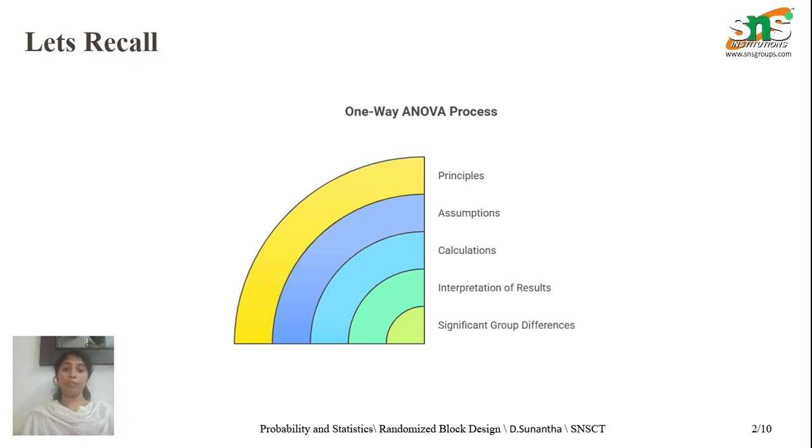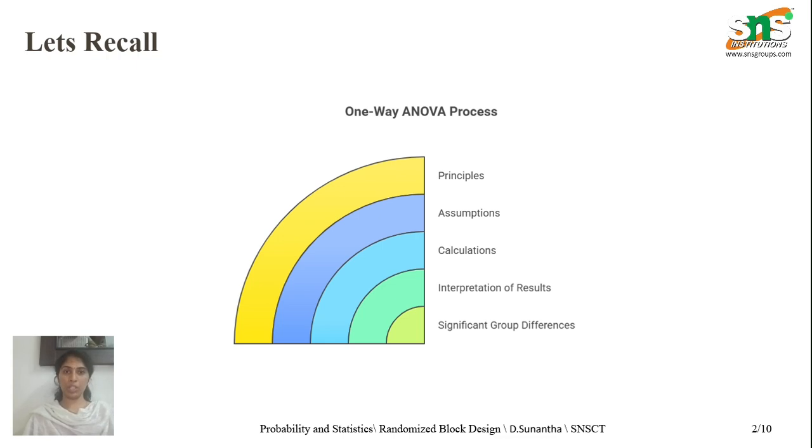For example, in the previous video we have seen about soil fertility. If this soil fertility is the same all over the field, then we can move with completely randomized design. But when the soil fertility varies in the land, then we obviously move into the next method.